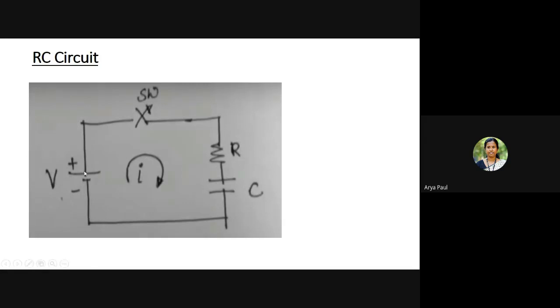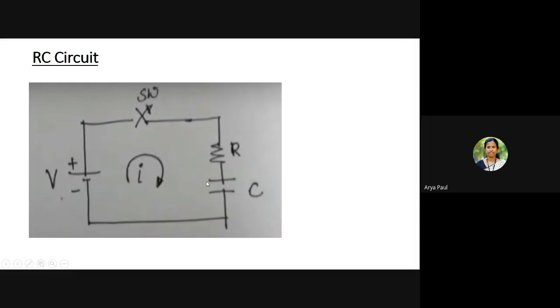The voltage applied here will be split into VR plus VC. So this voltage V gets split as VR, the voltage across the resistor, plus VC, the voltage across the capacitor. So the current will be slowly decreasing. We need to analyze the current decreasing as well as the voltage increasing across the capacitor.